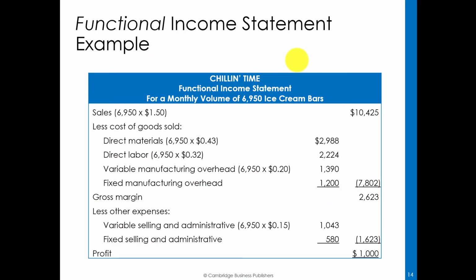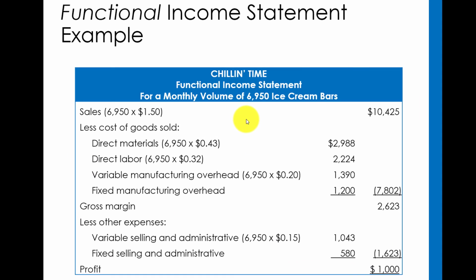Alright guys, we touched on this previously, but again, this is a standard functional income statement. Costs are listed out by their function, and that is normally the way we do it. Let's have a look at a contribution margin income statement.